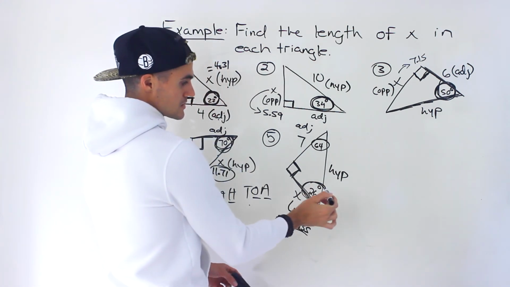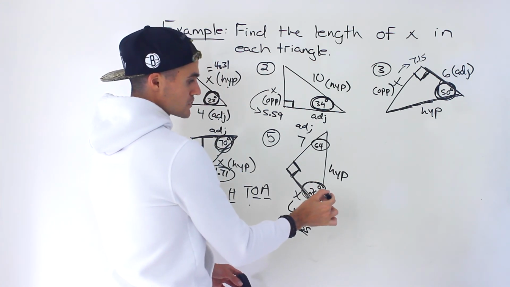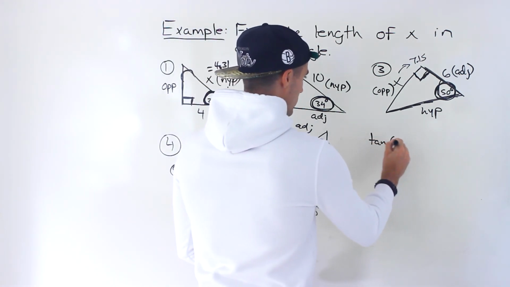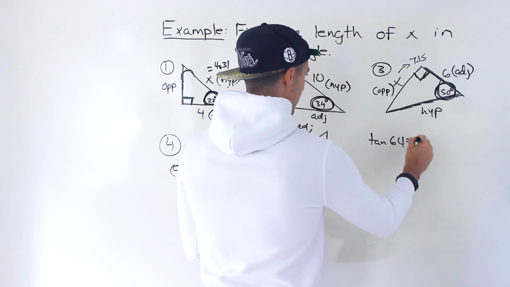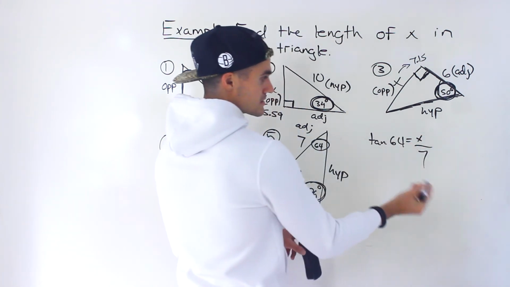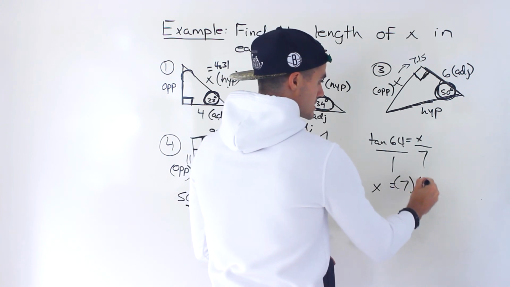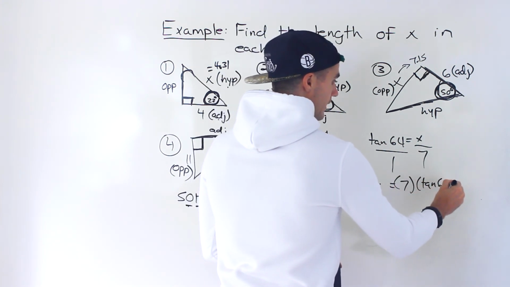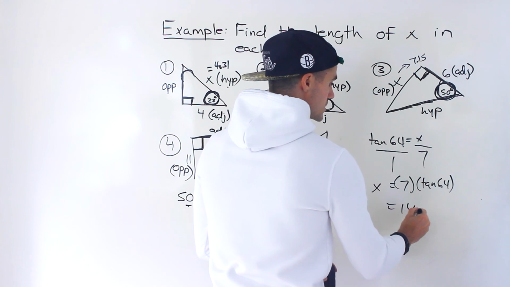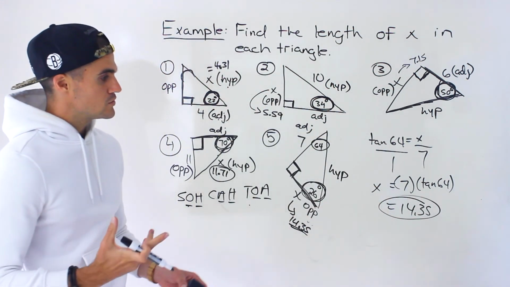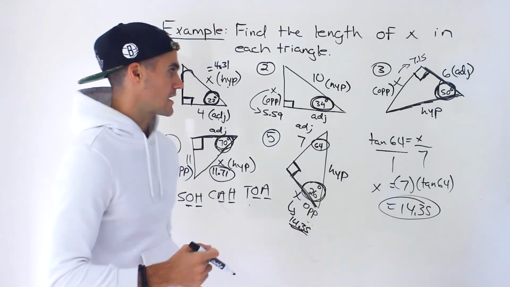The hypotenuse stays the same. It doesn't matter which angle we're referencing. So we would set this up as tan of 64 equals the opposite, x, over the adjacent, 7. Cross multiply: 1 times x is x, 7 times tan of 64, and when you do that calculation, you still end up with 14.35. So whichever way you do it, you should get that same side length.